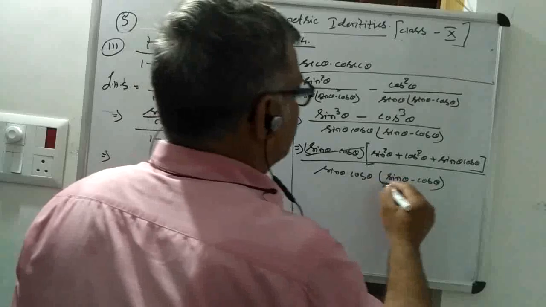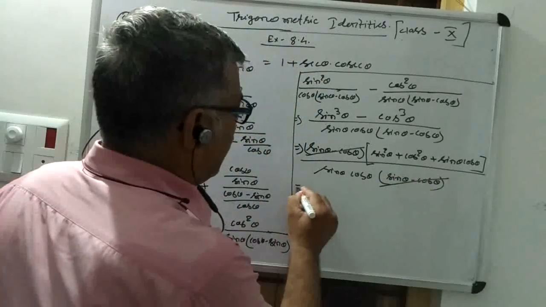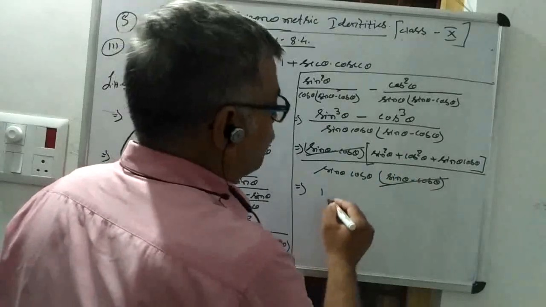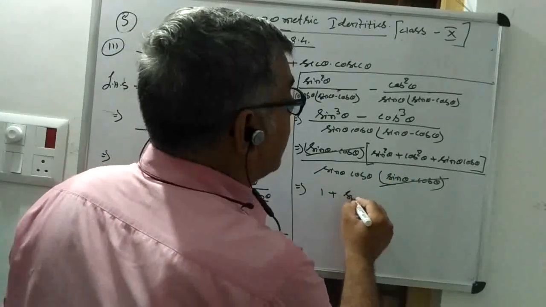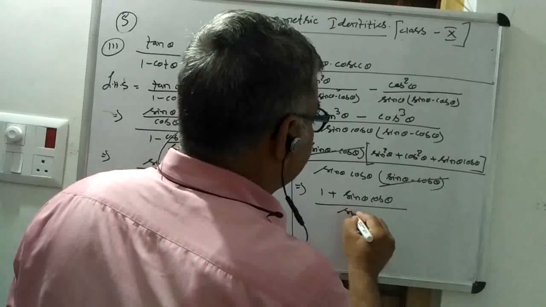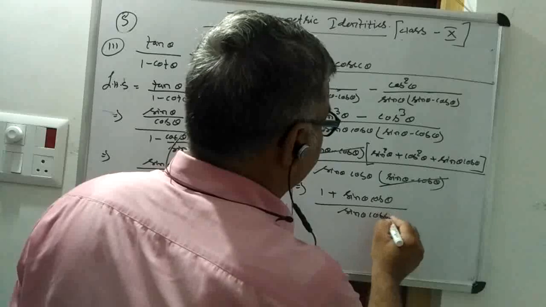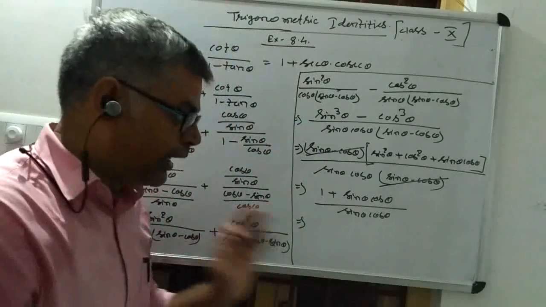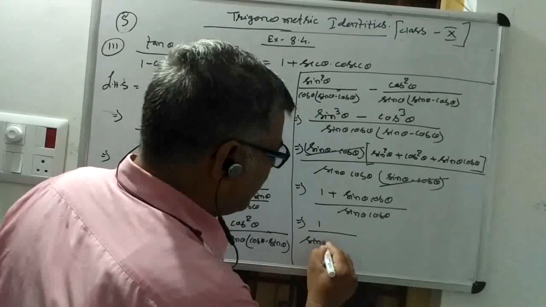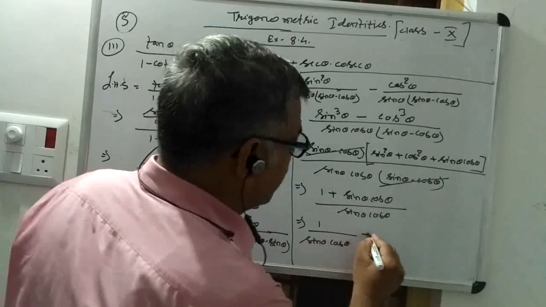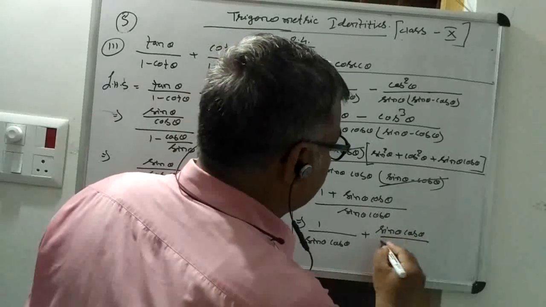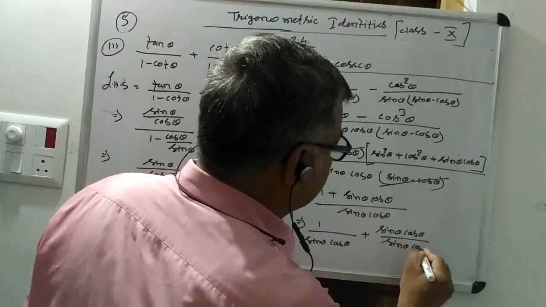This sin theta minus cos theta will get cancelled and finally we are left with sin squared theta plus cos squared theta, which equals 1, plus sin theta cos theta, by sin theta cos theta. Now break this term into two parts. So you can write 1 by sin theta cos theta plus sin theta cos theta by sin theta cos theta.